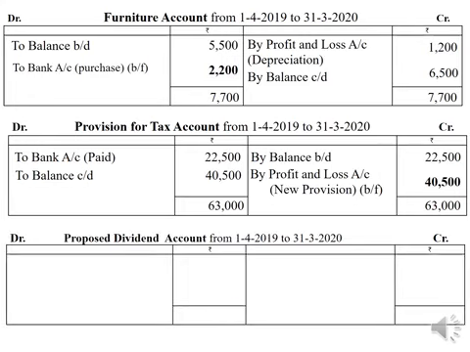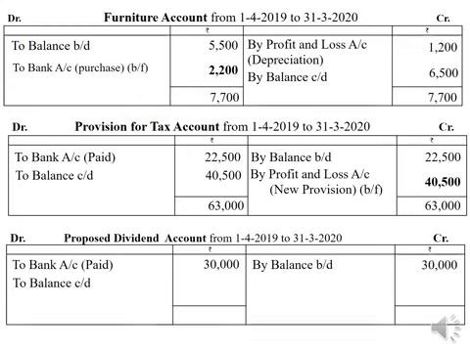Similarly, in the same way, prepare proposed dividend account. By balance brought down 30,000. This 30,000 has been assumed as paid during the year. Therefore, to bank account paid 30,000. Record the closing balance of proposed dividend account, to balance carried down 35,000. Balance the account. 65,000 is the total on the debit side.